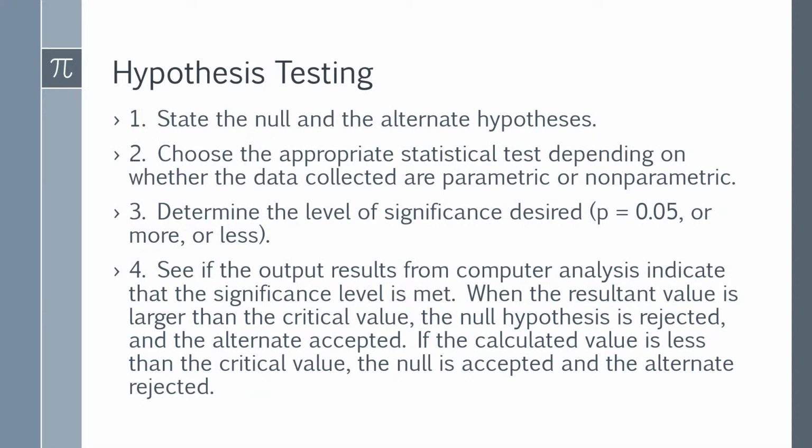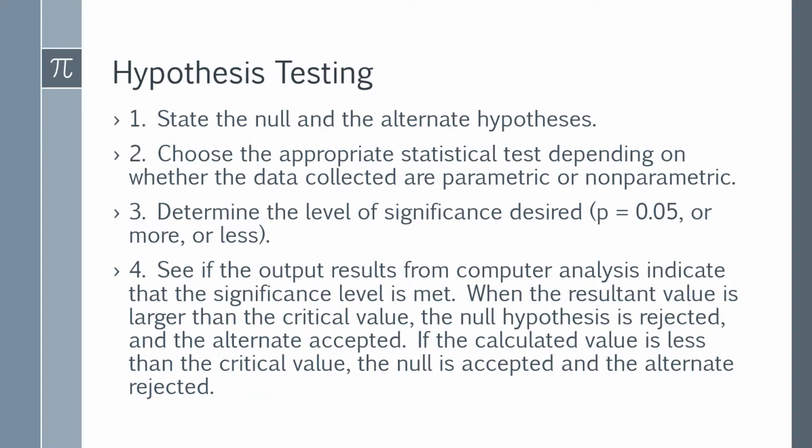Hypothesis testing includes four important steps. The first is to state the null and the alternate hypothesis. The second step is to choose the appropriate statistical test, depending on whether the data collected are parametric or nonparametric. The step number three is determine the level of significance desired.